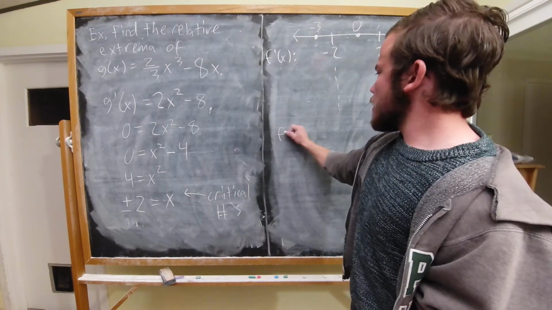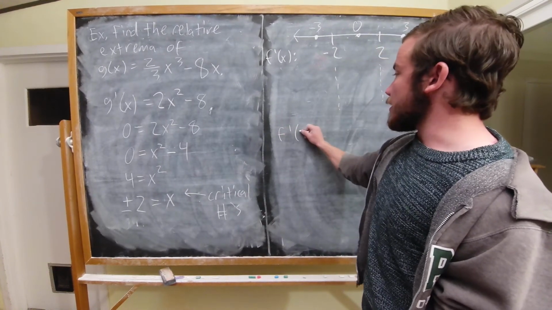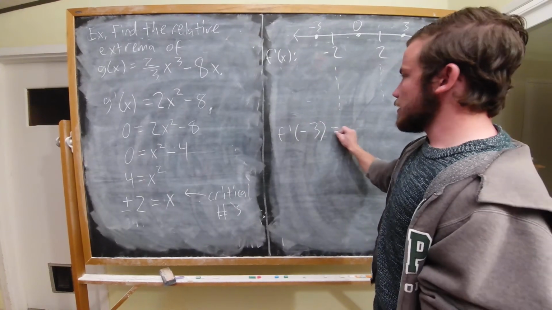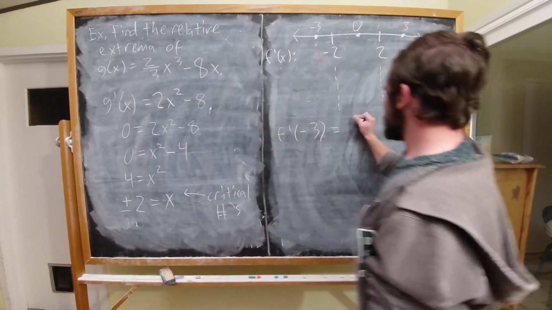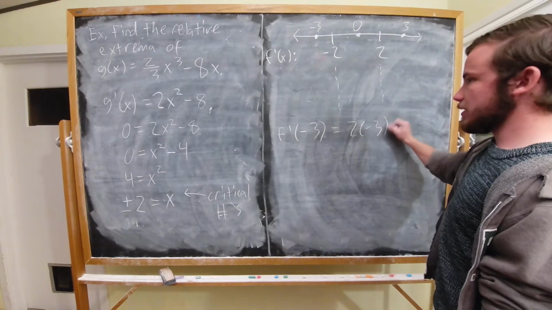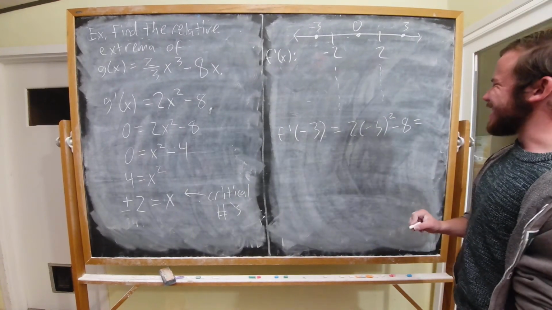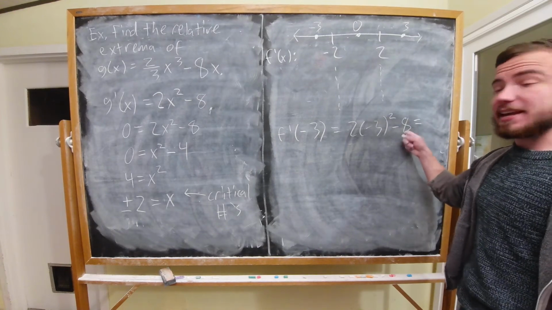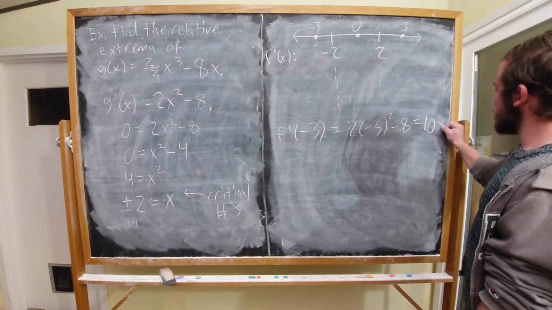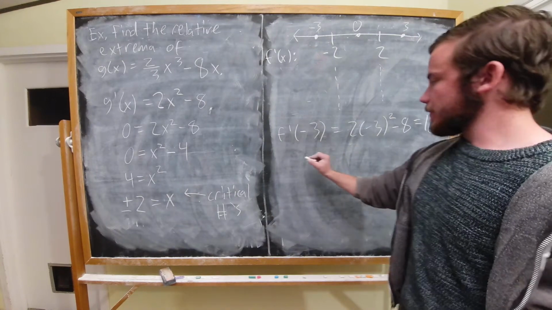Alright, well, f prime of -3 is 2 times -3 squared minus 8. It's 2 times 9, that's 18. Minus 8 is 10, strictly greater than 0.